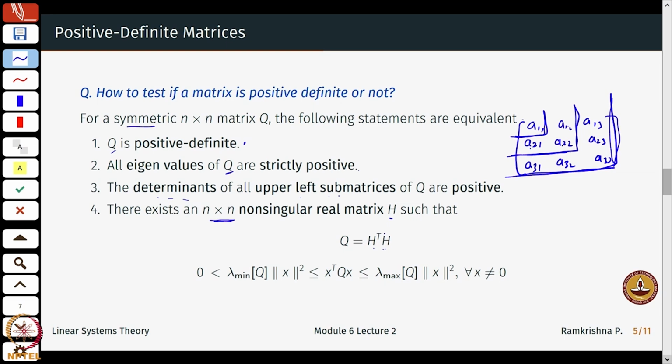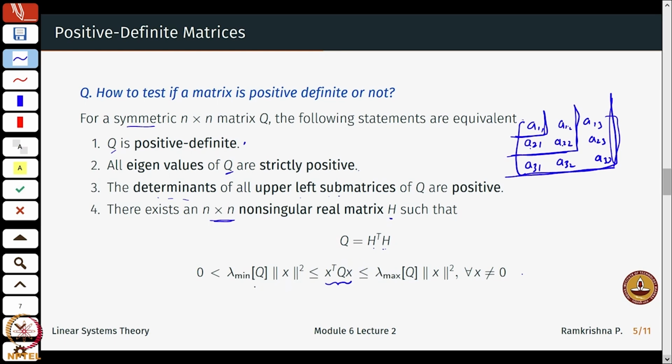A final property, which again I will not do the proof of, but we will use extensively, is that given a matrix Q, x transpose Q x will be greater than 0 when Q is a positive definite matrix.